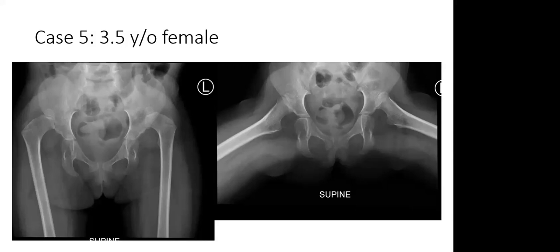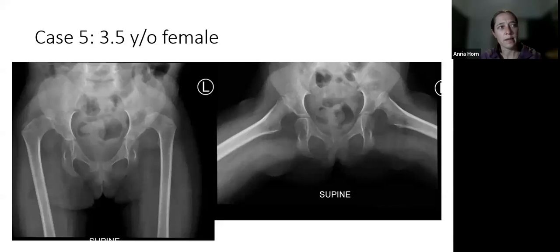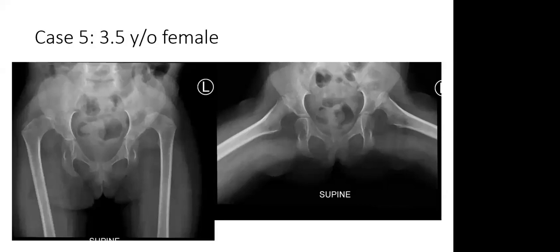We still have maintained varus, so to speak, of the femoral neck shaft angle, and I can see the epiphysis bilaterally, even though I think medially it seems a bit dysplastic, if I can use that word. Slightly abnormally shaped, yes.